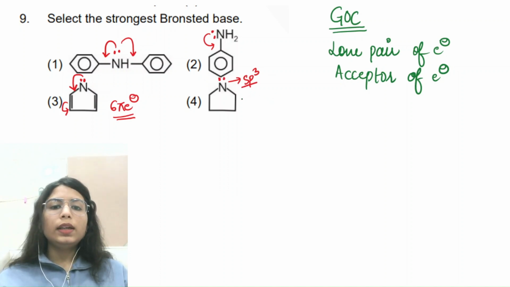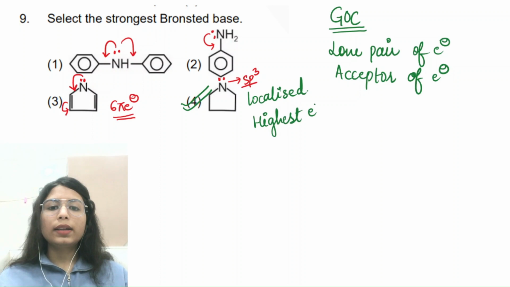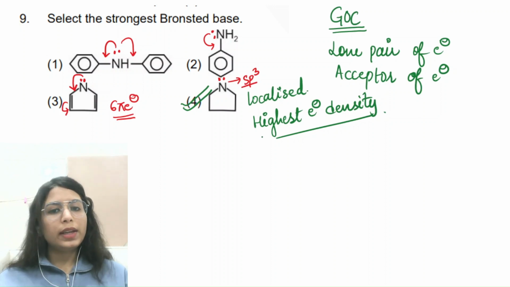So basically this will be the strongest Bronsted base, because out of these 4, only this nitrogen atom is not involved in resonance and has a localized lone pair of electrons, which means it has the highest electron density. It can accept a proton very easily because of its high nucleophilicity.